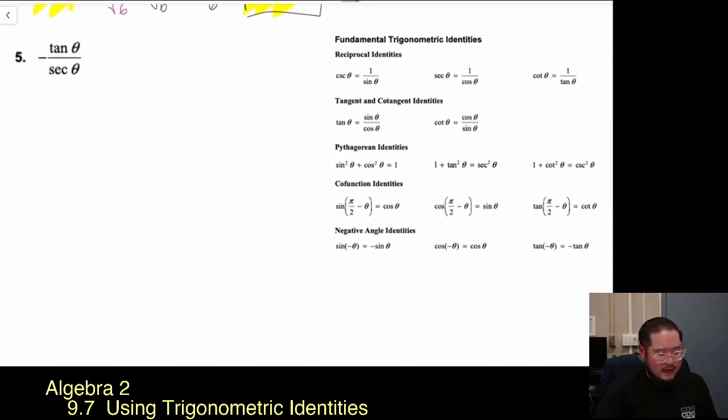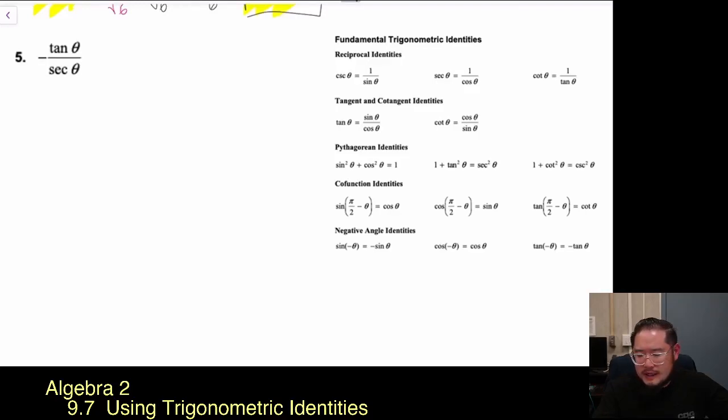Take a look at number 5. They're saying, let's simplify the expression. Well, tangent theta divided by secant theta, what does all that mean? Let's see what things I could use from our fundamental trig identities here.